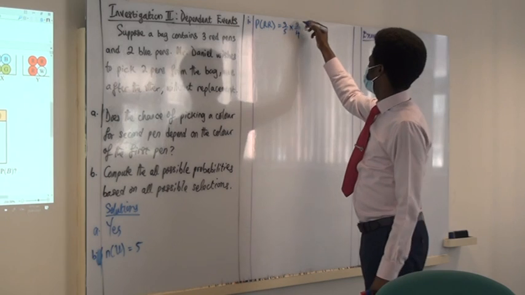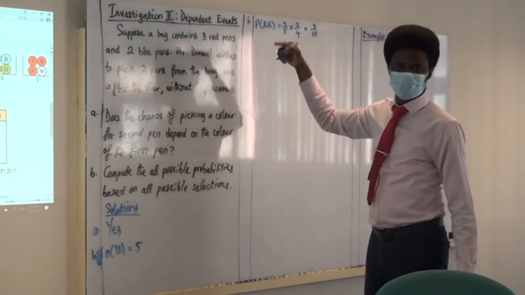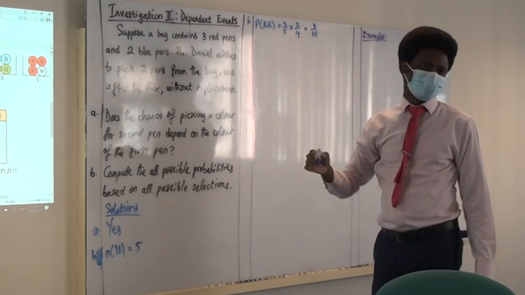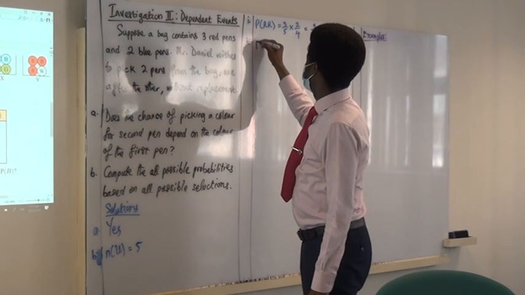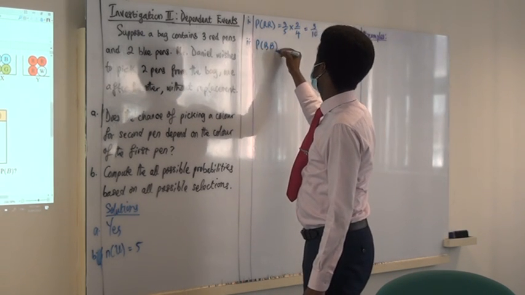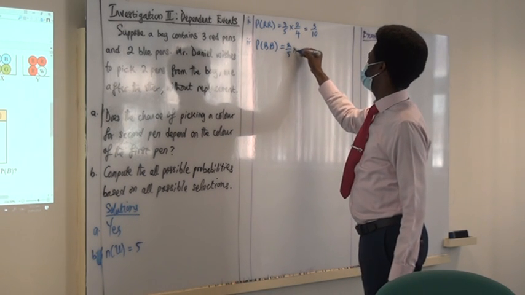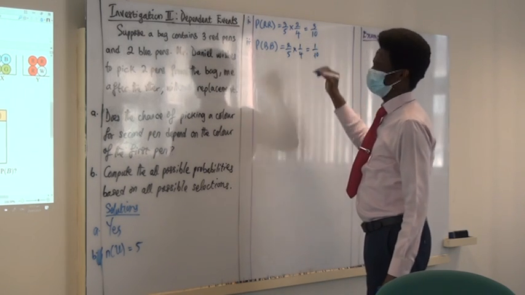And that gives me 3 over 10. You don't need to say 6 over 20 is equal to that. This is not baby class, right? Come on. Two, I may decide to pick 2 blue. And that will be 2 over 5 times 1 over 4, which is 1 over 10.